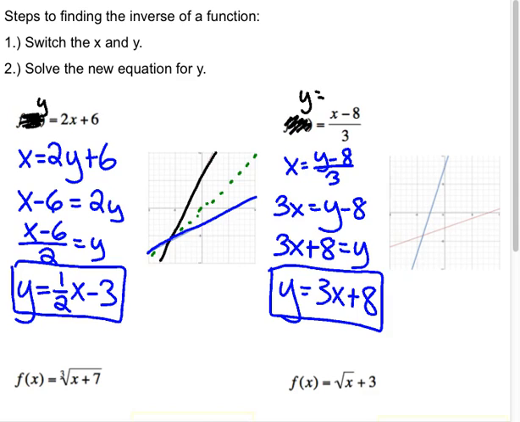All right, and graphically what that looks like is this. This red one is my original function, my original line. Here is my inverse. And again, I just want to emphasize to you that it is an exact replica when you cross it over the line y equals x.